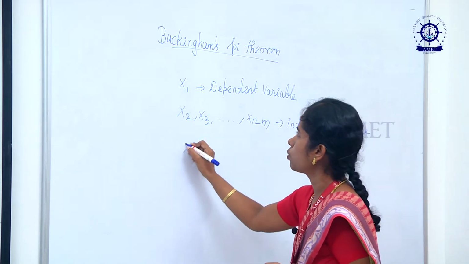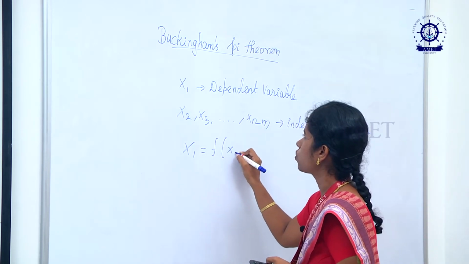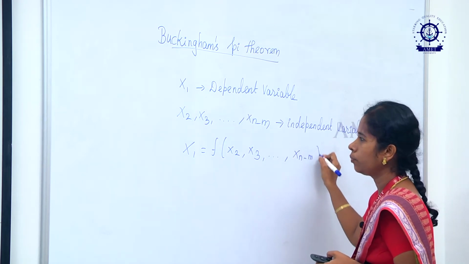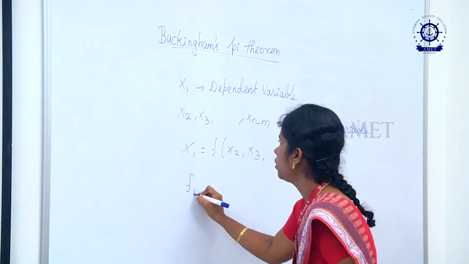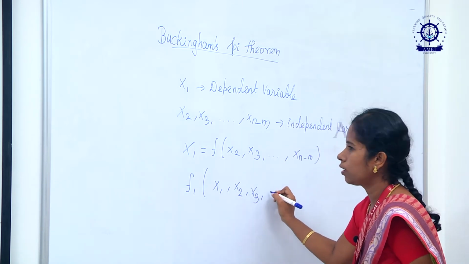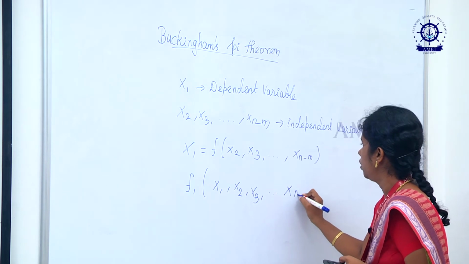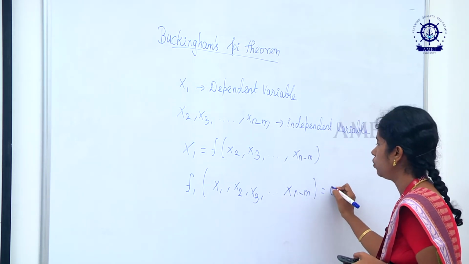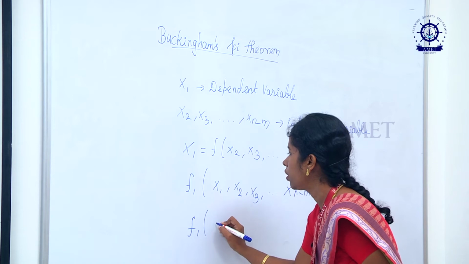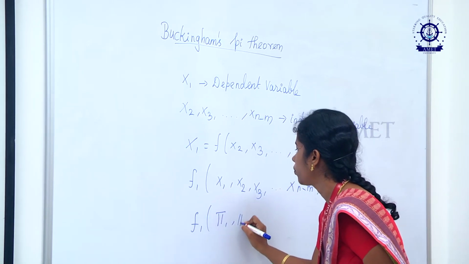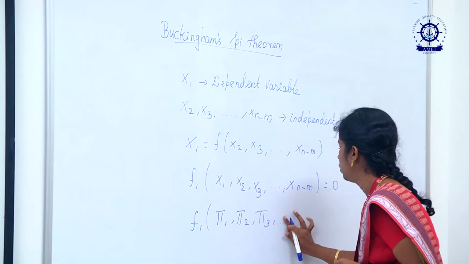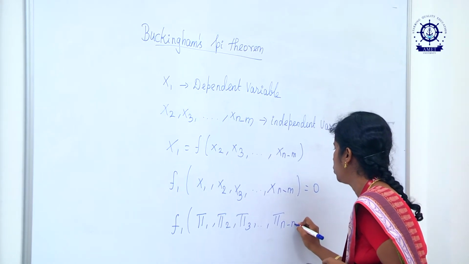These are called the independent variables. You can say x1 is a function of x2, x3 till xn minus m, or I can say f1 is a function of x1, x2, x3 up to xn minus m equal to 0, or in terms of pi terms you can say f1 is a function of pi 1, pi 2, pi 3 up to pi n minus m equal to 0.